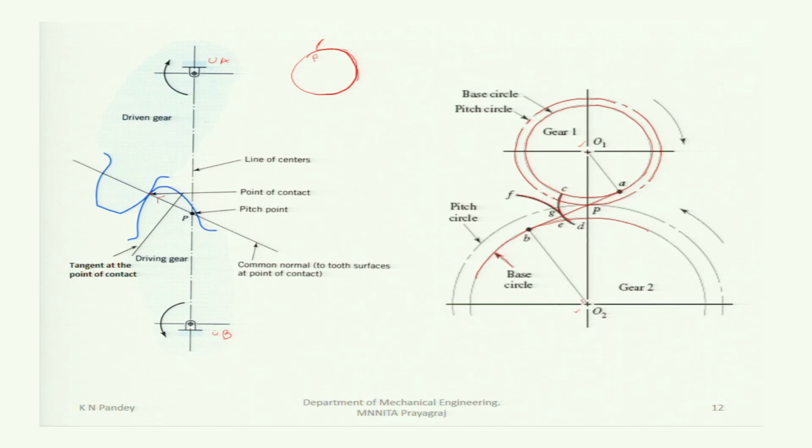If O1 O2 is fixed and this AB is fixed, then the intersection point P will be fixed, and thus the pitch radii O1P and O2P will be fixed, and the velocity ratio will be in the ratio of O1P to O2P. So in the case of the involute tooth profile, you are getting fixed values of O1P and O2P, and so the velocity ratio will be fixed. You will get a uniform velocity ratio.